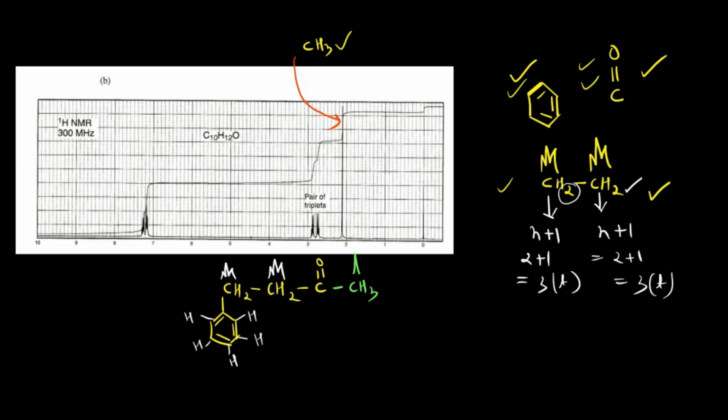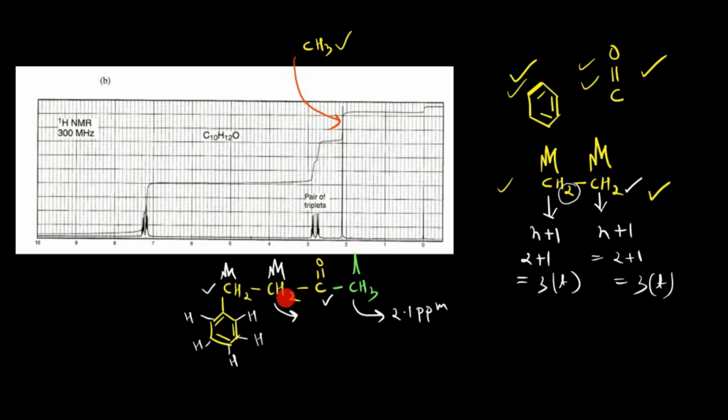So you can write its chemical shift at 2.1 ppm, and this CH2 is connected with this carbonyl only on the right hand side. On the left hand side it is connected with the CH2, so only the de-shielding provided to these 2 hydrogens is by the carbonyl only.